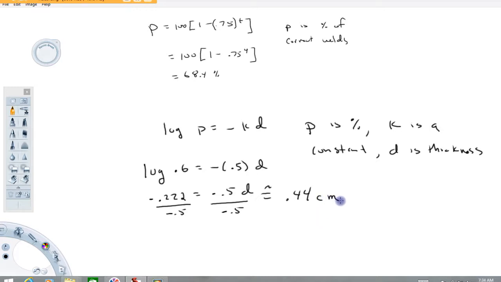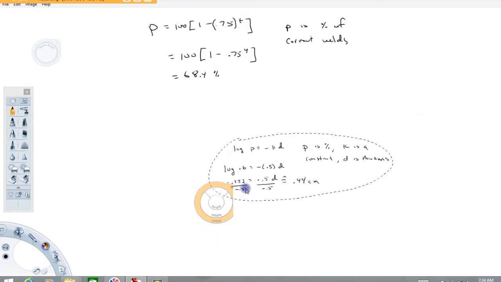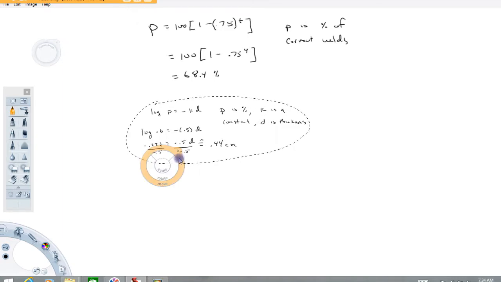Next one. It says use the Richter equation, M equals log of I over 10, where M is the magnitude of an earthquake, I is the intensity. All right, so let me take this work, I'll just scale it down. And now we'll start working on the next one.